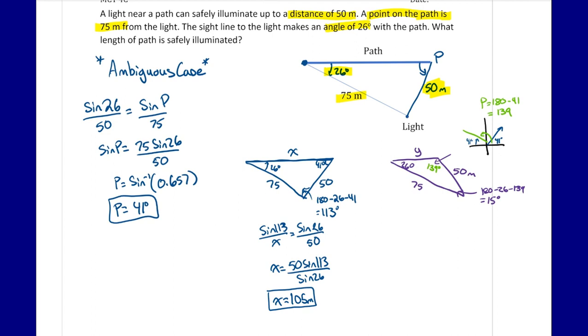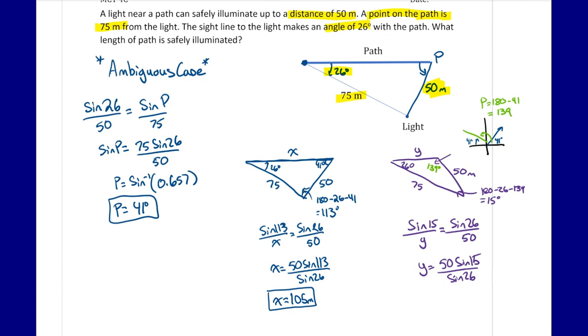So now I'm going to go through and do the exact same calculation, except solve for that unknown. I'll at least write out the main one. So sine of 15 now over y is equal to sine 26 over 50. That doesn't change. Y equals 50 sine 15 divided by sine 26. So all we did was the exact same calculation.